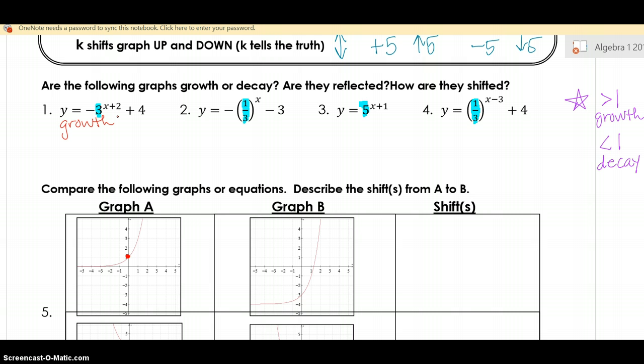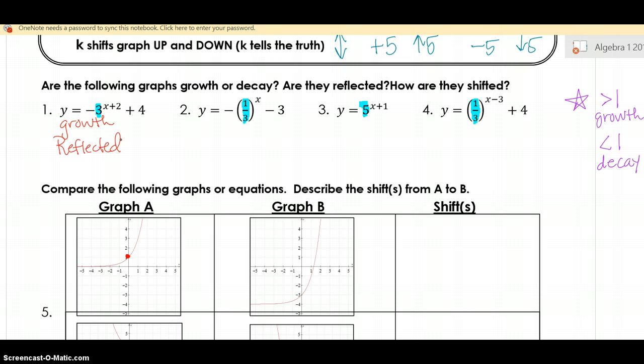Because that negative out front could really be a negative 1 times 3 to the x plus 2. Okay, so is it reflected or not reflected? Reflected, yes or no? Yes, why? Has the negative out front.